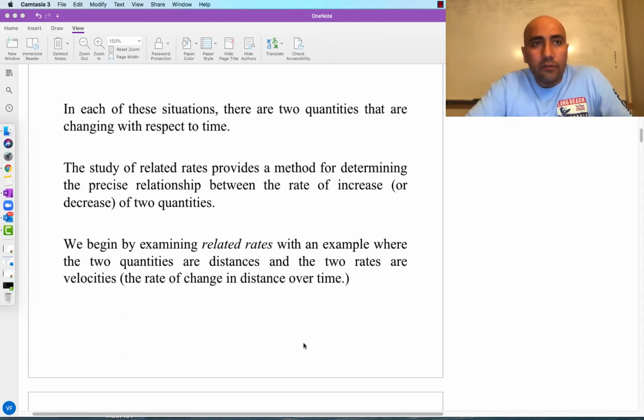That quantity could be the volume of a liquid. It could be the cost of an item, or the number of items sold. It could be the height of somebody. It could be the length of a shadow. It could be a variety of things, right? That's what makes this section so hard, that the word problems can really come at you from different directions. So there'd be a lot of variety of quantities we might be working with, okay?